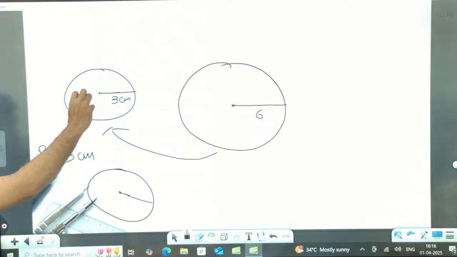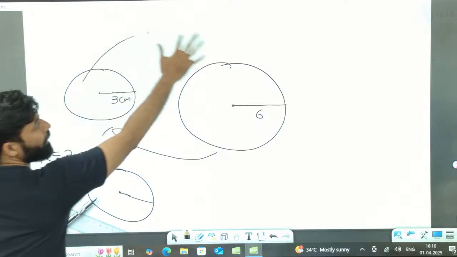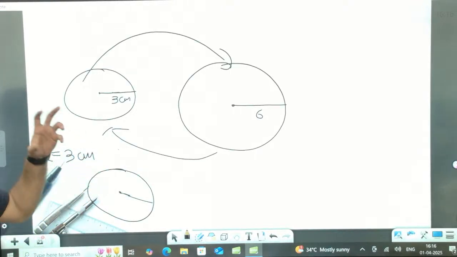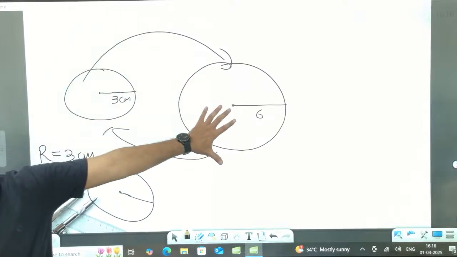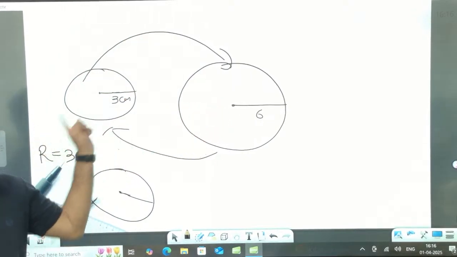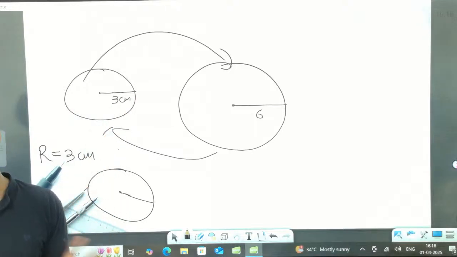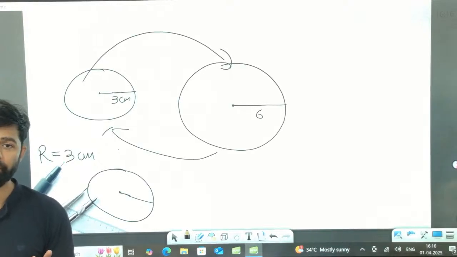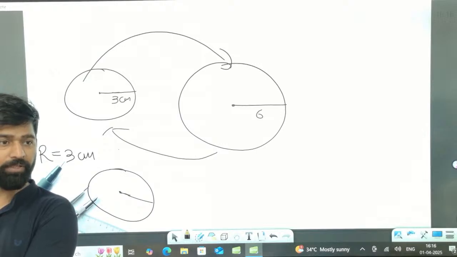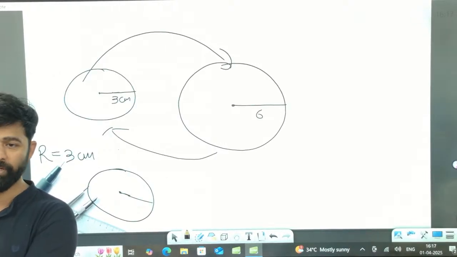I can maximize this circle also. If we maximize it, at one point it will be 6 centimeters. At that point I can place this circle over the other circle. So these two circles are similar but not congruent. Are you getting the difference in a broader way? If you can exactly place anything of the same dimension over another, that is congruency.